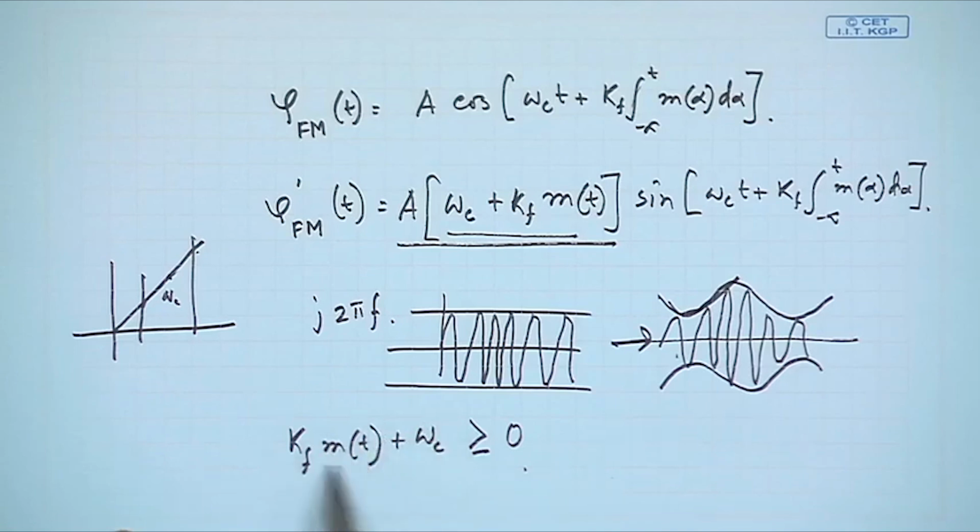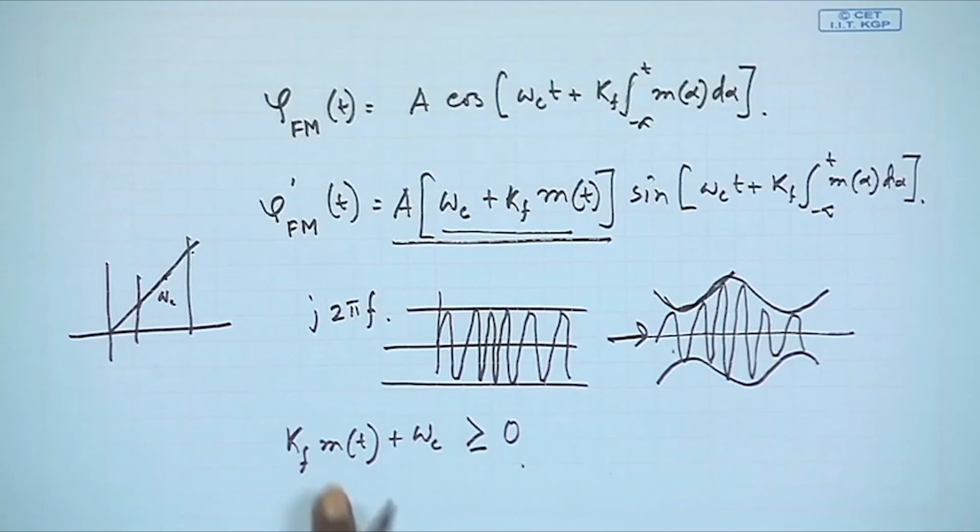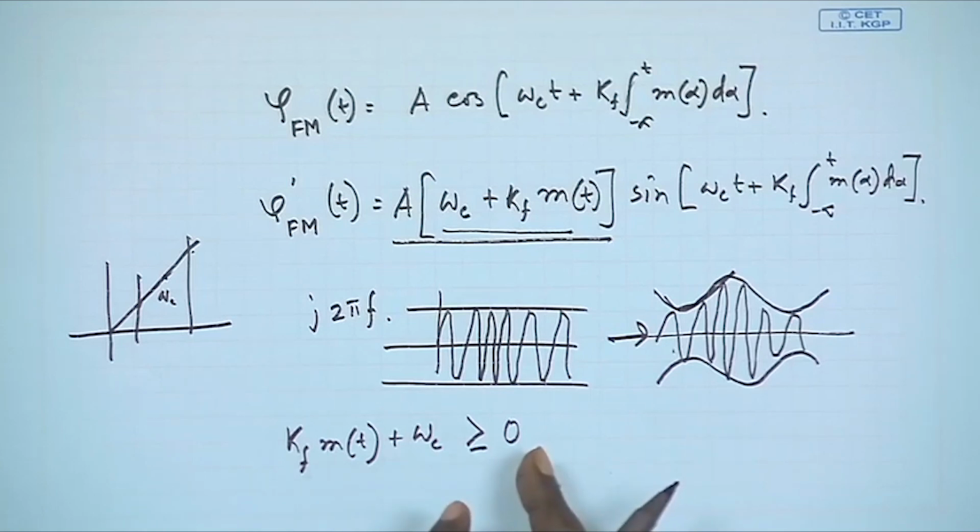Now, what is the minimum value of this, where it might cross 0? This is true for all t, that means the minima of this must also be greater than 0. So, let us say the minimum is minus mp.